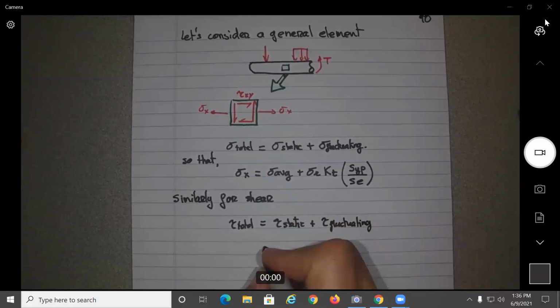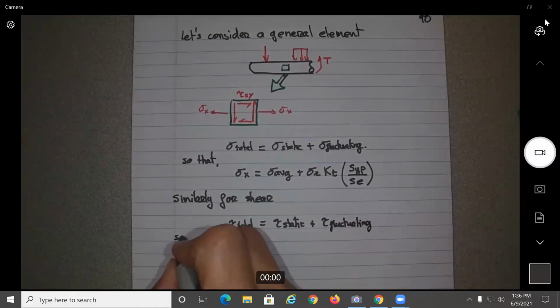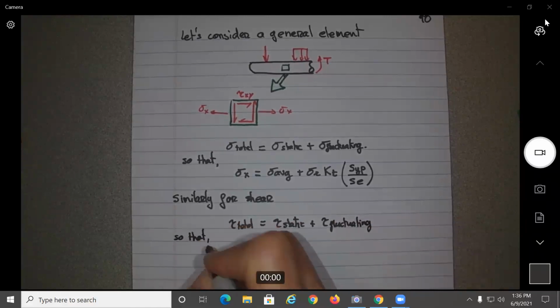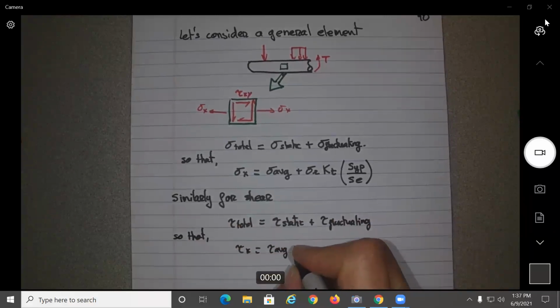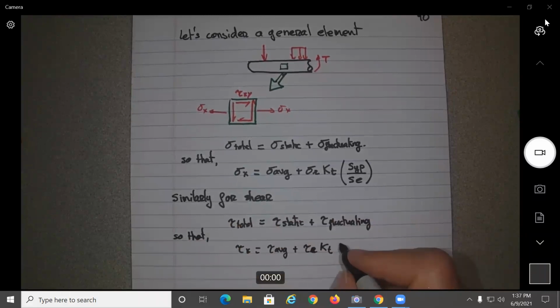So it's exactly the same notation. I'm going to follow the same steps. Average plus tau sub r, K sub t, S YP over S endurance.